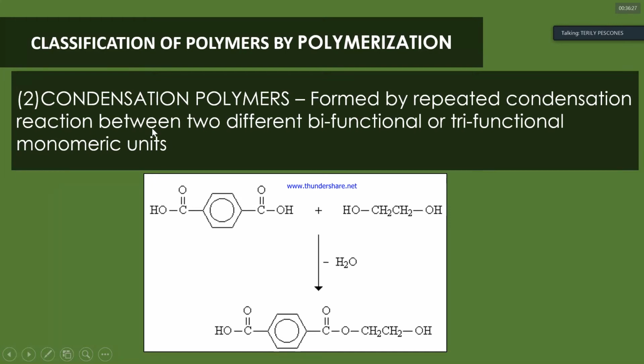So in this case, we have condensation when one of the hydrogen and the OH combine. When they combine, it forms a bigger molecule. This is from earlier. We have the COOH and we have the alcohol. When they are joined, this is what it is called.